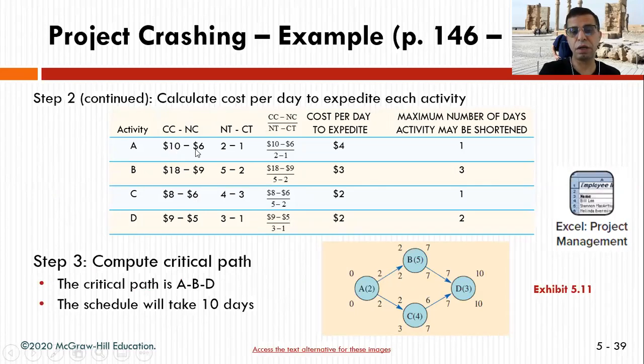So as we said, it is $10 versus $6, which is 1 unit, and the cost per day to expedite is only $4. So can you reduce by $4 in the activity? When it comes to activity B, you do the same thing, and the third one, and it shows you how much cost per unit you will generate if you crash it.